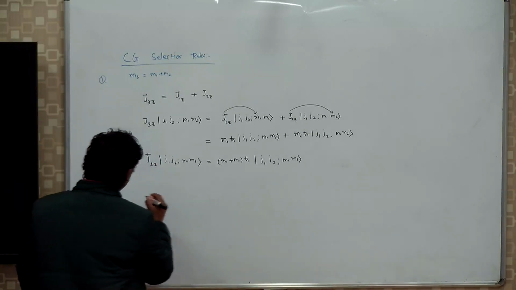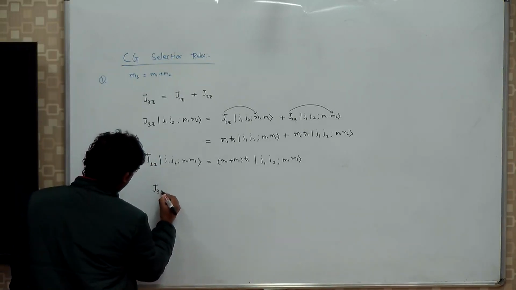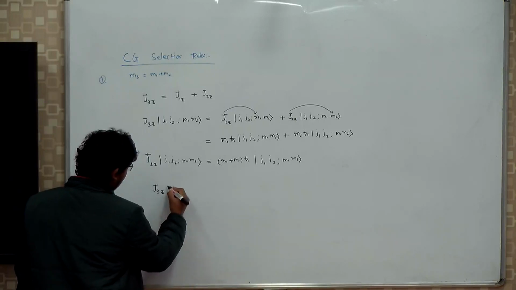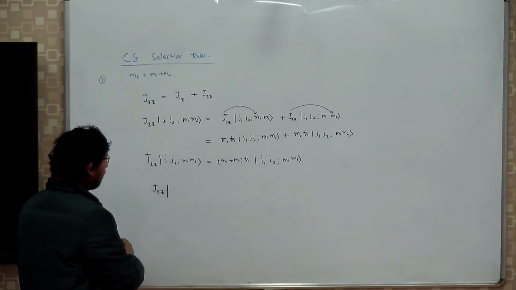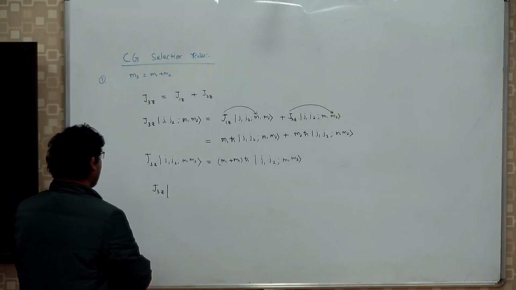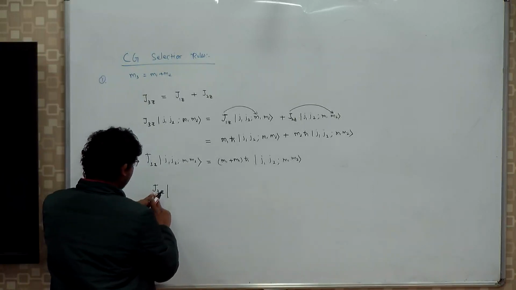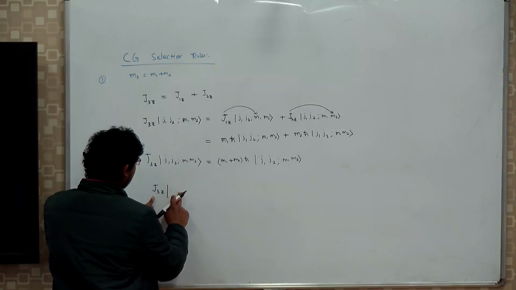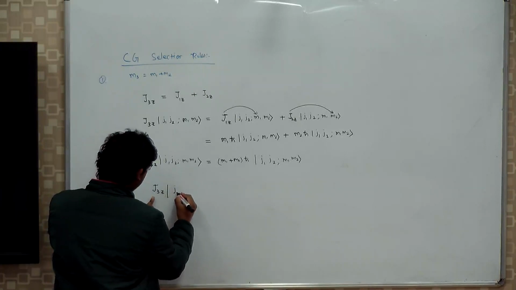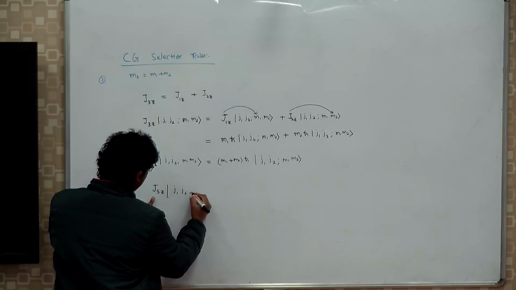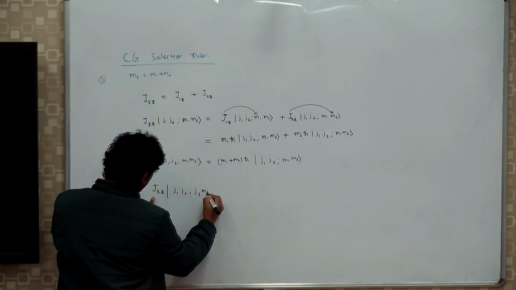Now the J3Z operator is there, and we are taking a coupled state. Suppose the J3Z operator acts on the coupled basis only. So now we have to take the coupled basis |J1, J2, J3, M3>.